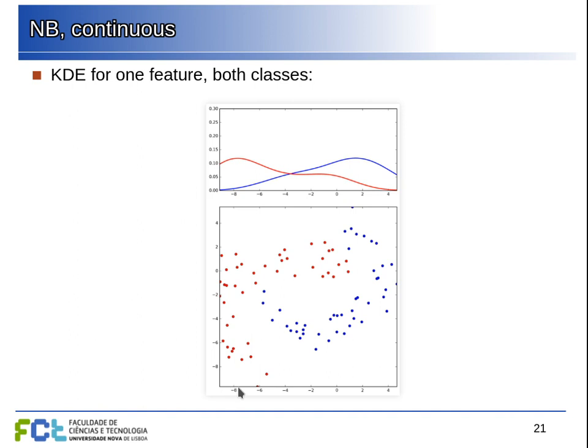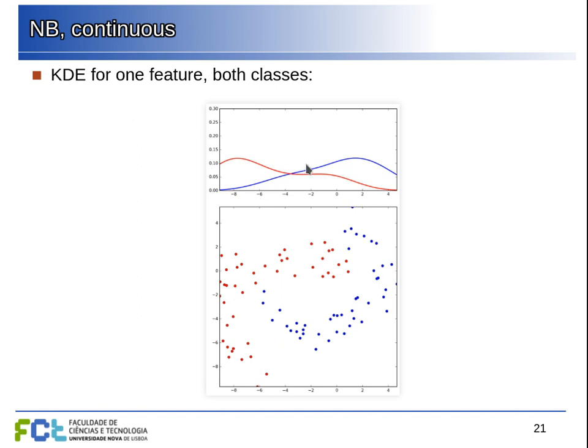So let's consider the feature that we have here, the horizontal coordinates. We're going to separate our data into the two classes. We have the blue points, and we compute the density distribution of these values for the blue points. This would be this blue line here. Note that there are more values around this range on the blue set than on this range here, and there is nothing on this part.